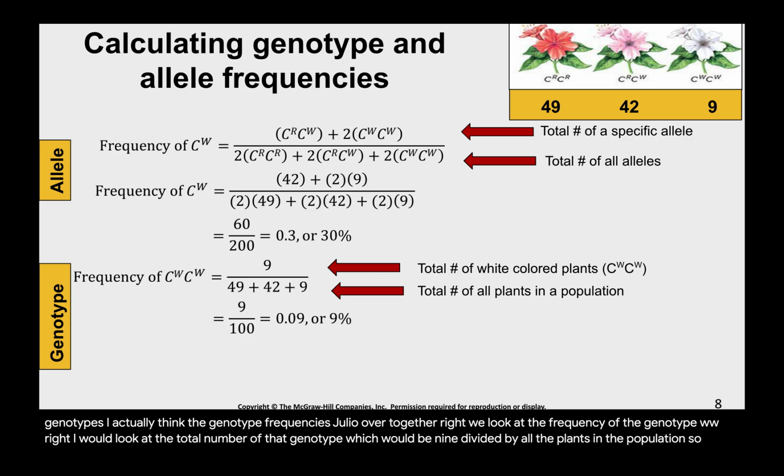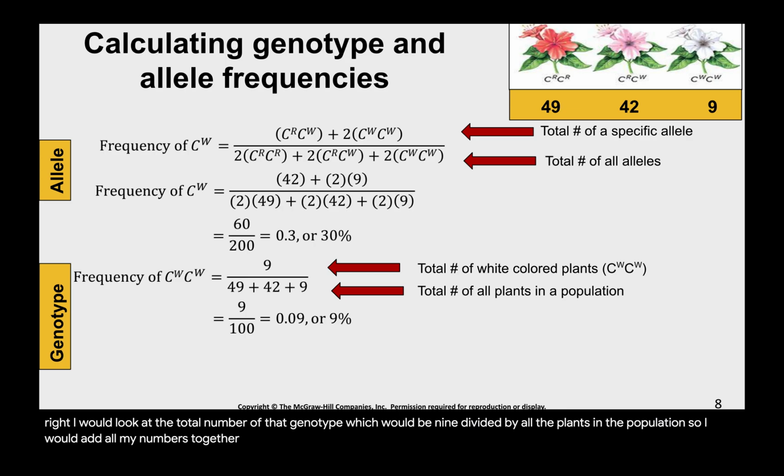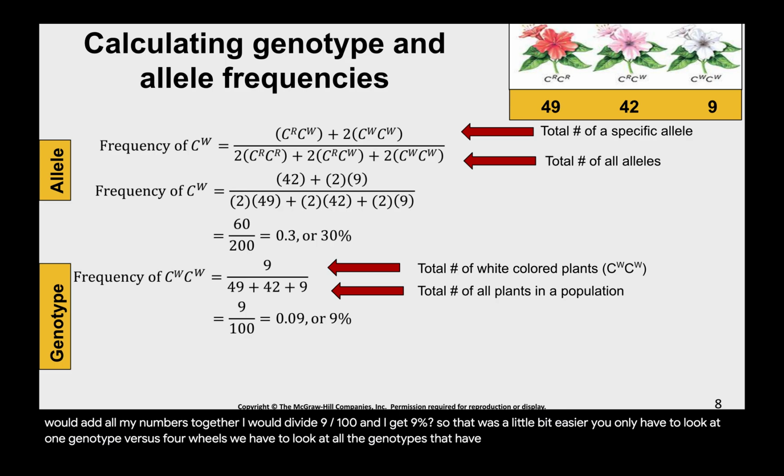So I would add all my numbers together. There's 100 individuals, so it should add up to 100. I would divide 9 by 100, and I'd get 9%, or 0.09. So that was a little bit easier. We only have to look at one genotype, versus for alleles, we have to look at all the genotypes that have that allele.